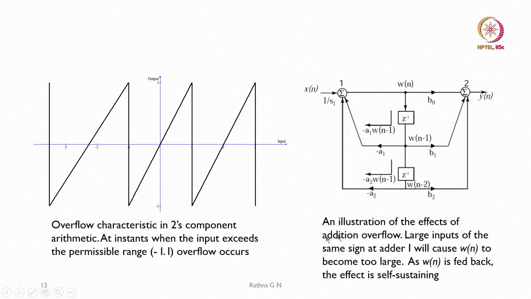Coming to the overflow illustration shown in this figure, you have B0, B1, B2 as the forward coefficients, and A1 and A2 as the feedback coefficients, so both are minus A1 and minus A2. And what is the scaling factor we will be providing?